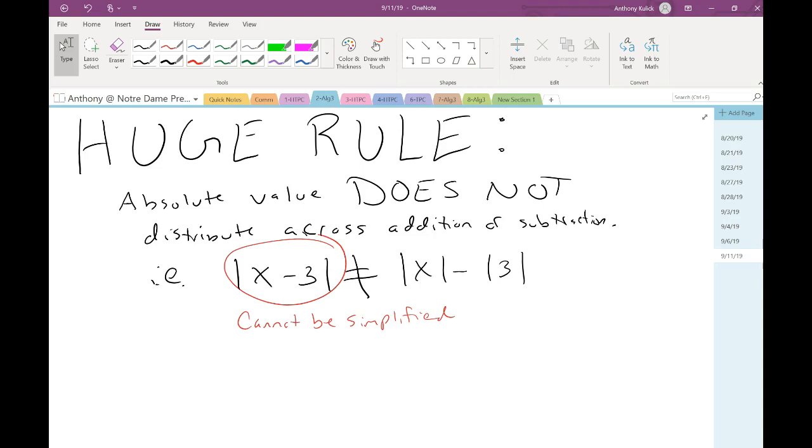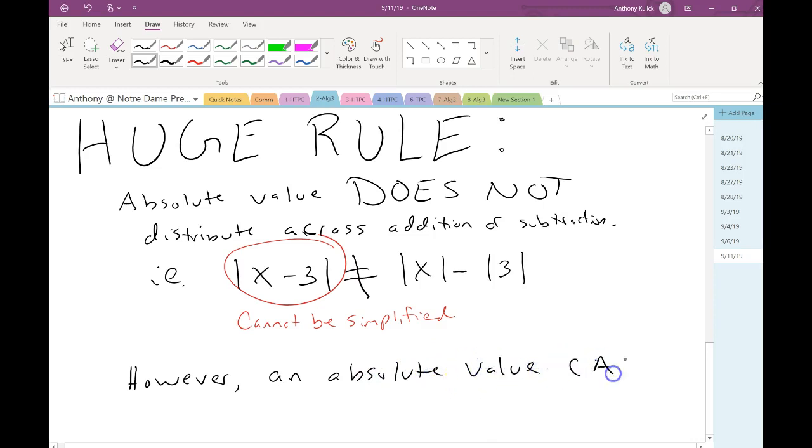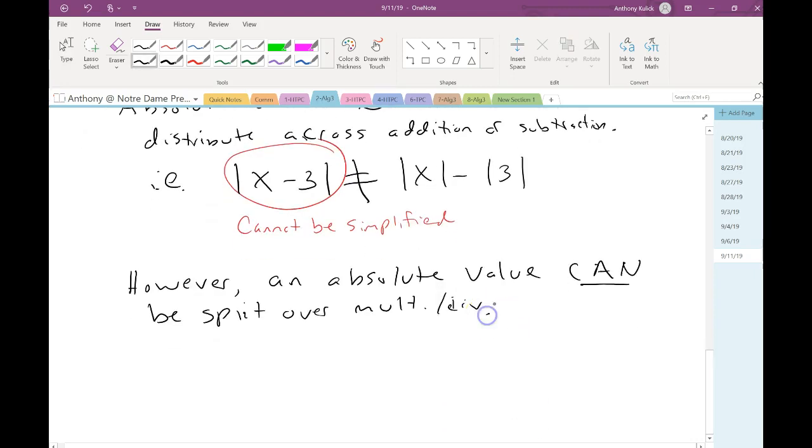And you're like, I would never make that mistake. You just told me not to. Here's why students still make this mistake. Absolute values can be split over multiplication and division.